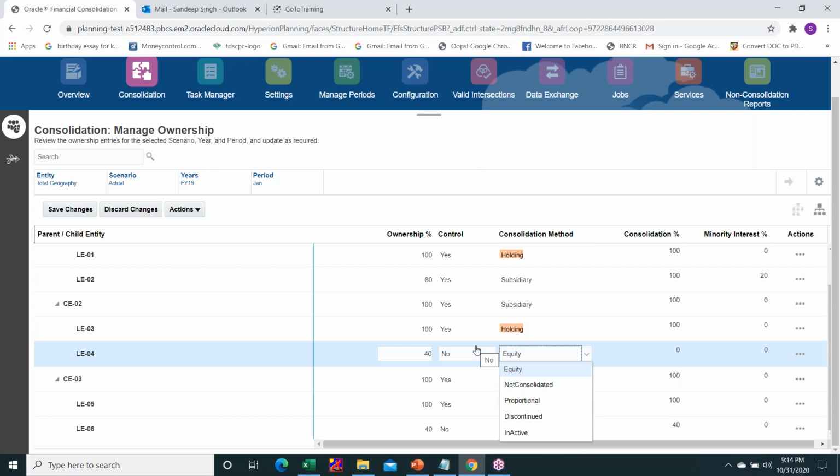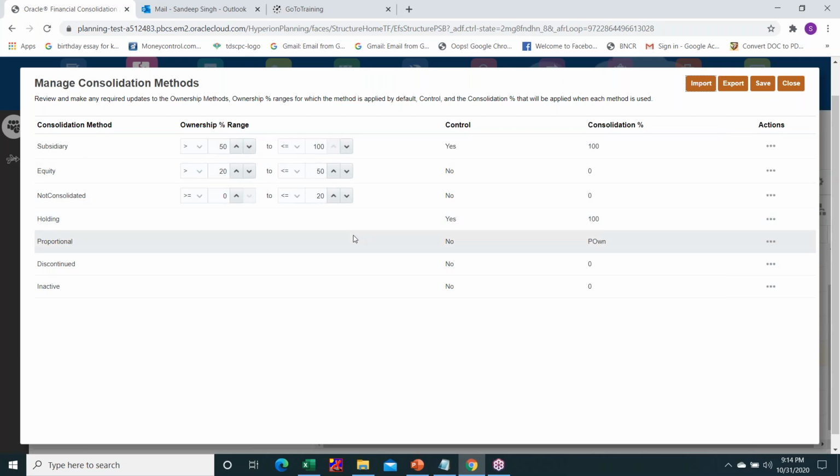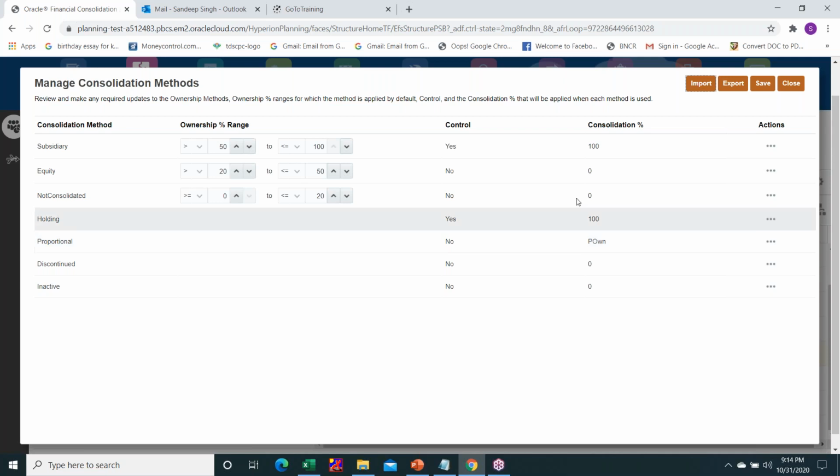In case your client requirement is something else, then FCCS has given you the facility of defining your consolidation method within the FCCS application. So you can manage your consolidation method by defining your own percentage according to the requirement of the client. If the client tells you that this method we are not following, we are following some different method, then you can configure that consolidation method according to your requirement.